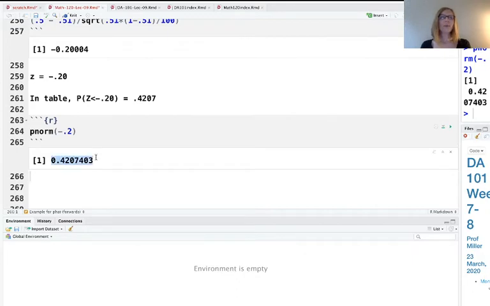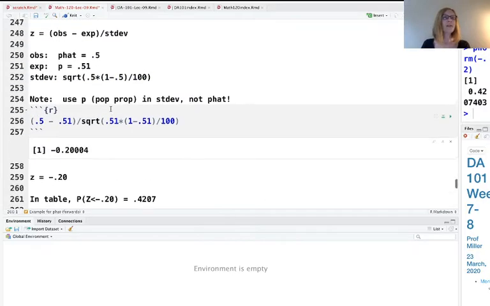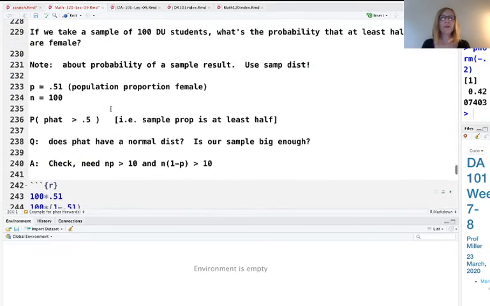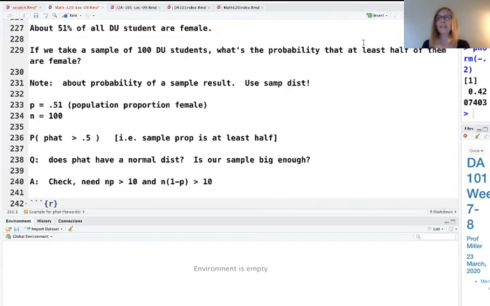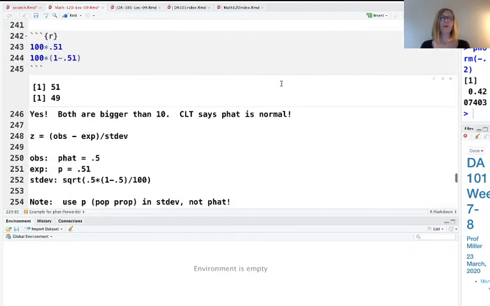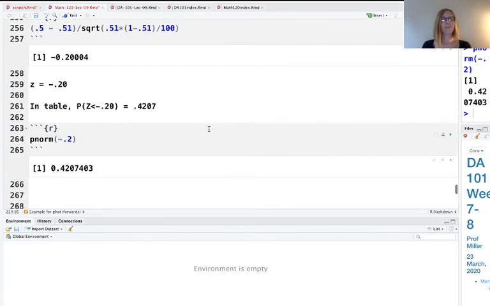So we've got our probability, but be careful, this isn't quite the final answer because our problem, if I recall, says: what's the probability that at least half of them are female. So here, we got it backwards.